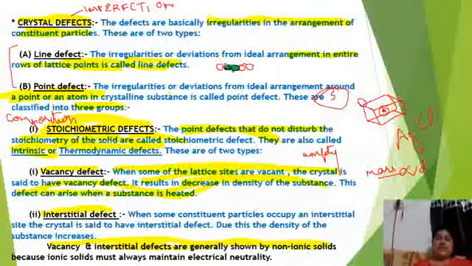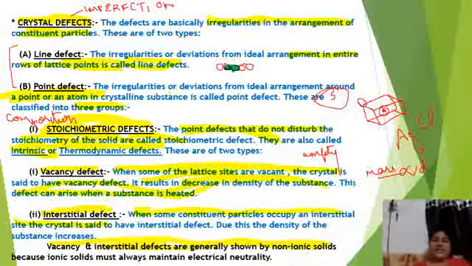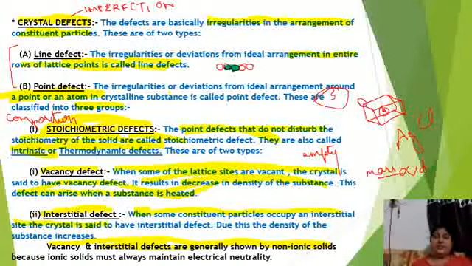Second one is interstitial defect. Interstitial means a place in between the particles, also known as voids. When we heat the crystal, the constituent particles get inserted into the interstitial site.